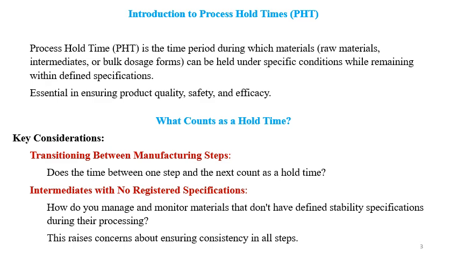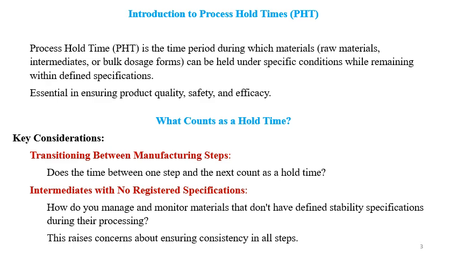So the transitioning between manufacturing steps is the hold time. We'll see in this video whether the time between one step and the next counts as a hold time. This is the question.